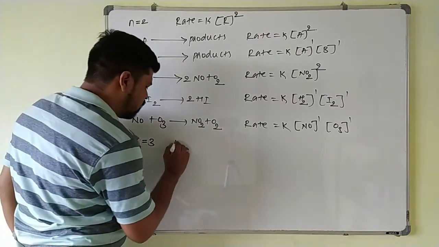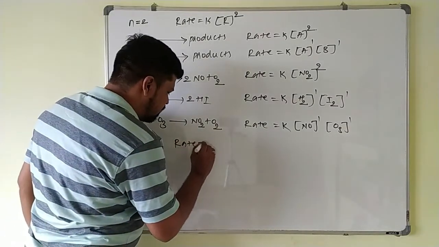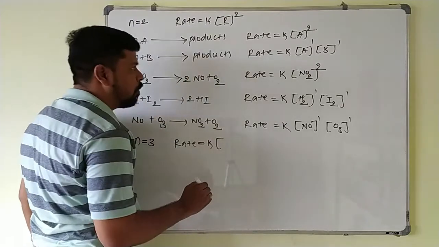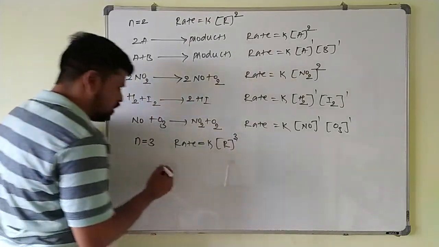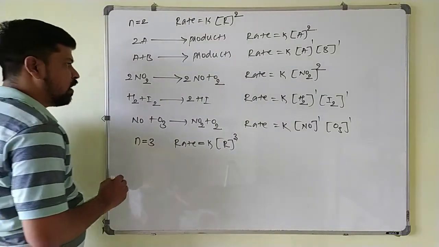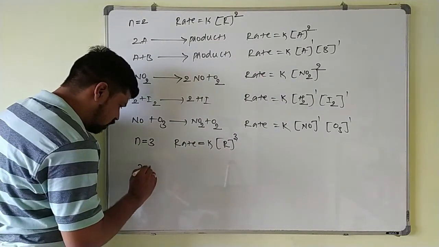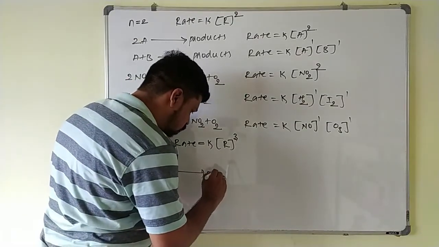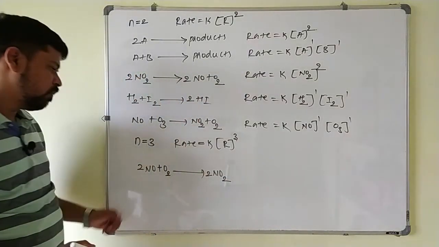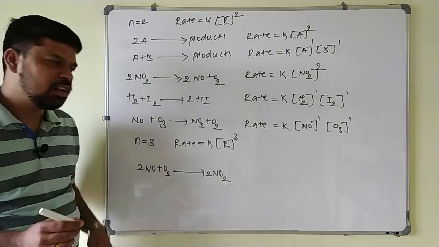Then rate of the reaction is directly proportional to the third power of the concentration terms of the reactants. So this is third order reaction. Example for this one is 2 times NO combines with O2 giving 2 times NO2. This reaction falls under third order reaction.